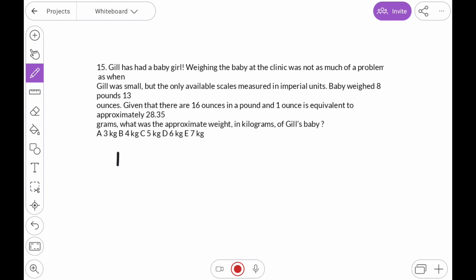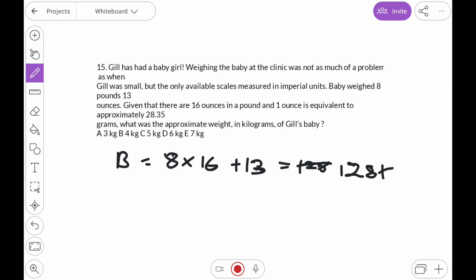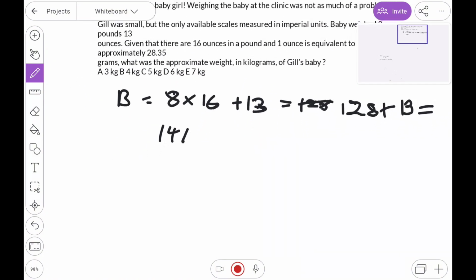So, the baby in ounces weighs 8 pounds times 16 to get ounces, which is 128, plus 13 because she weighs 13 ounces, which is 141. That's how many ounces the baby weighs.